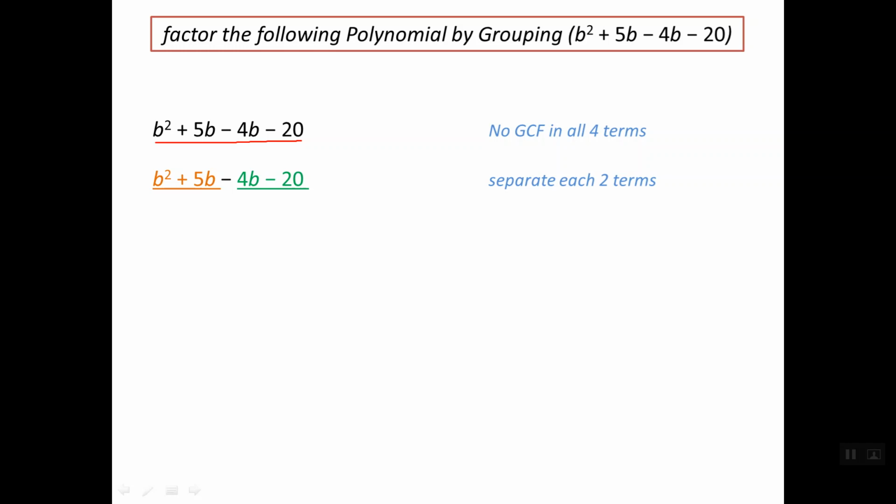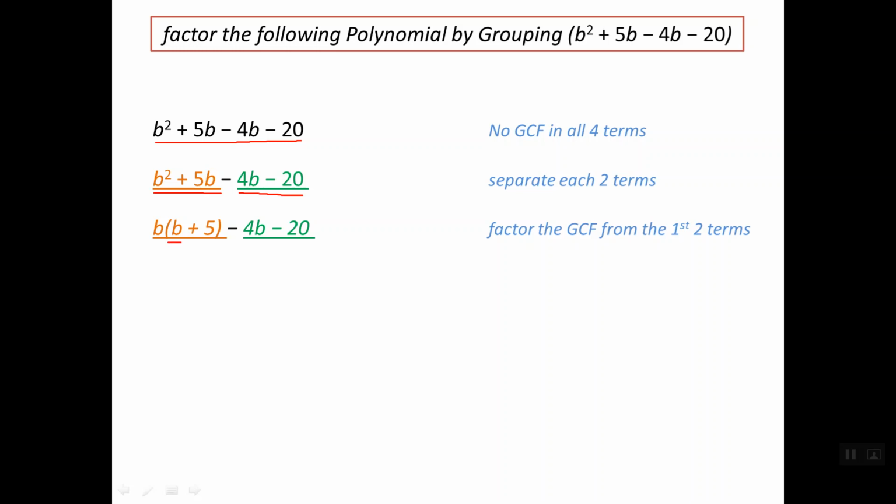For these two terms, we have a common factor, which is the b, and for the two terms minus 4b minus 20, we have a common factor, which is the minus 4. So for the first two terms, we have the b as a common factor.